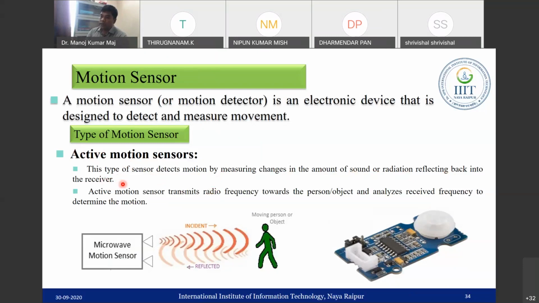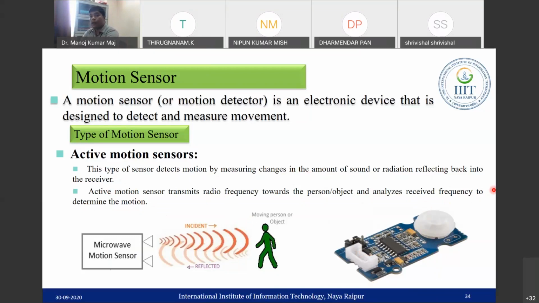An active motion sensor can transmit radio frequency towards the person or object, and analyze the received frequency to determine the motion. This is one kind of active motion sensor available in the market.